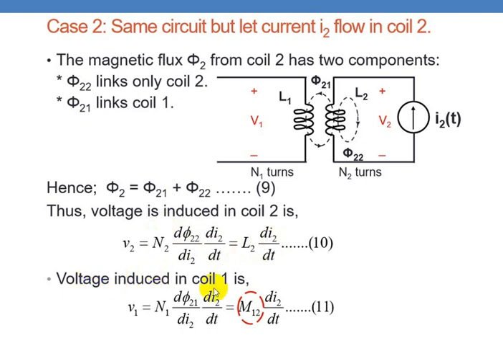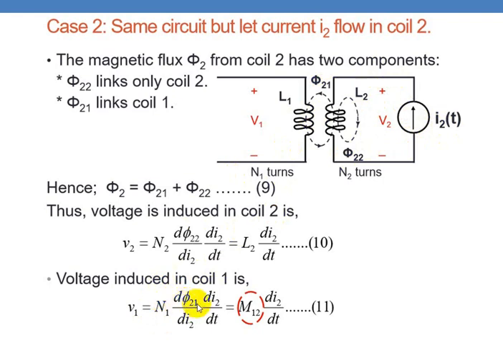Similarly, the voltage induced in coil 1, that is in the neighboring coil, due to this current. So the flux linking this coil is phi 21, due to the current I2 flowing in this circuit. So V1 will be equal to N1, the number of turns in this coil, and the flux linking this coil is phi 21.